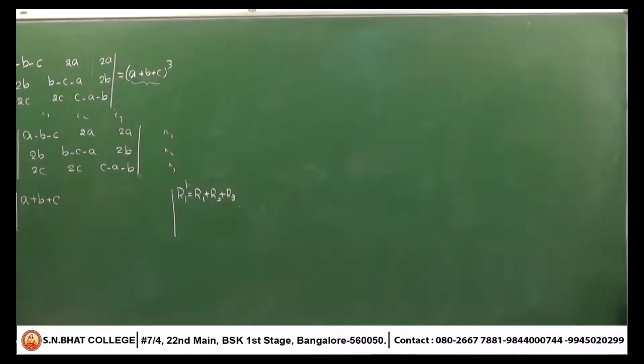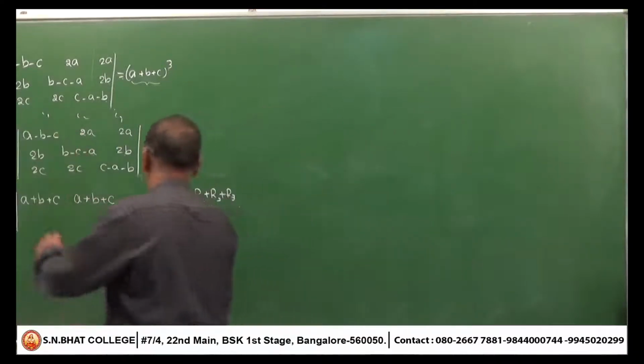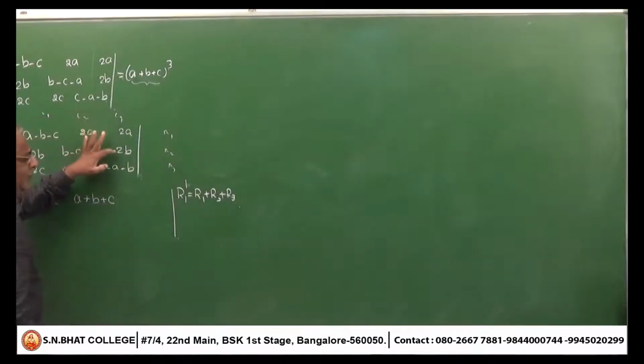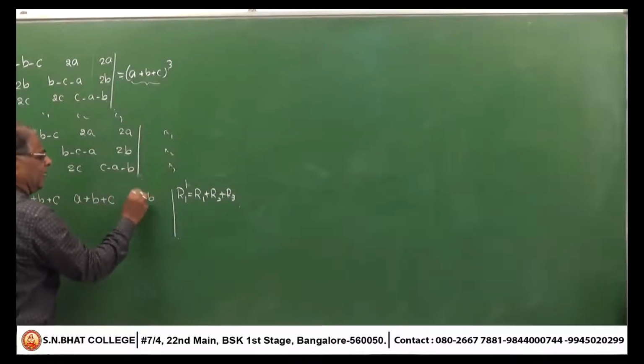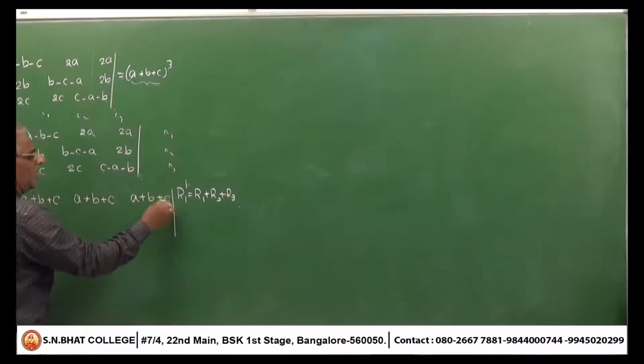Next, 2a minus a is a plus b, 2c minus c is plus c. Next, this plus this plus this: 2a minus a is a, 2b minus b is plus b plus c.